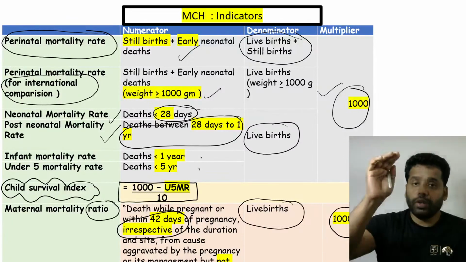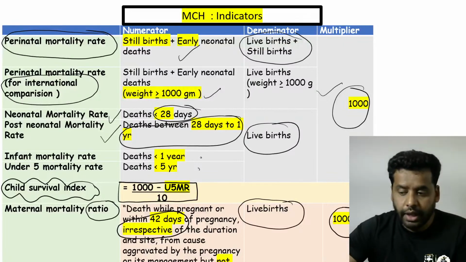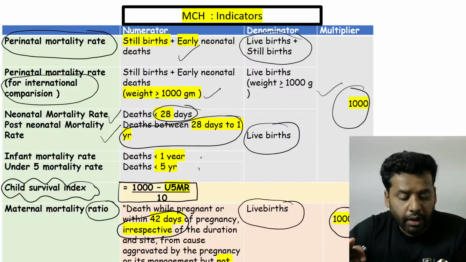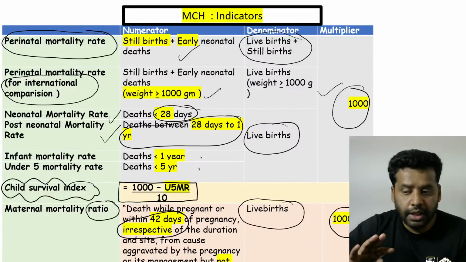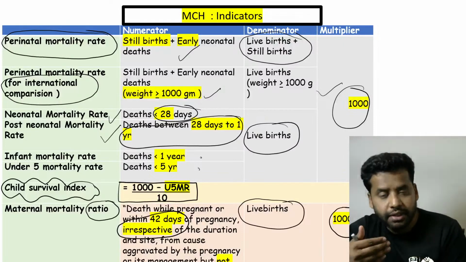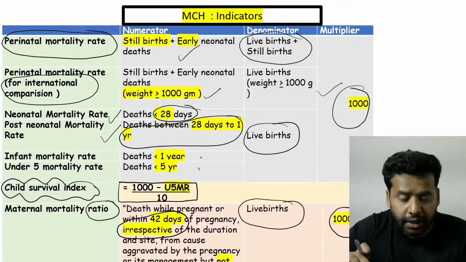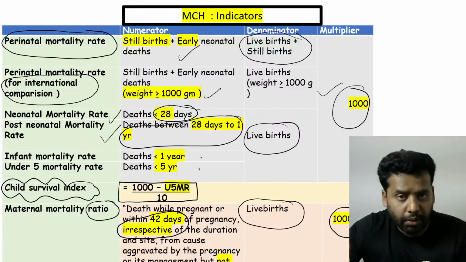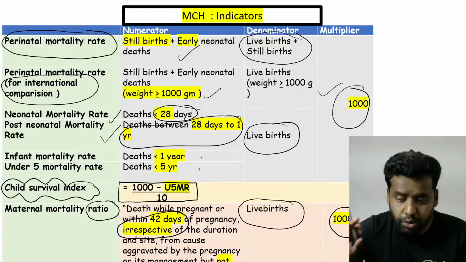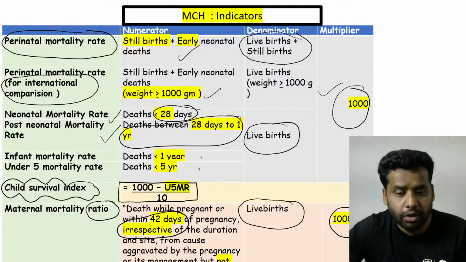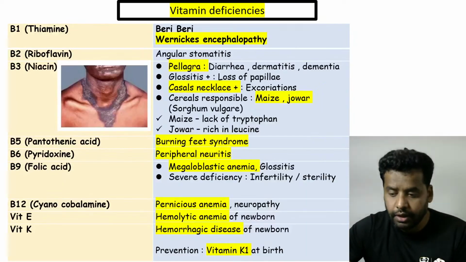Ectopic pregnancy is counted, or anything related to pregnancy and its management. If they ask a question like cesarean section, negligence, death, yes, we count. Suicides, homicides, all this will not be considered. This is the way to calculate maternal mortality ratio.